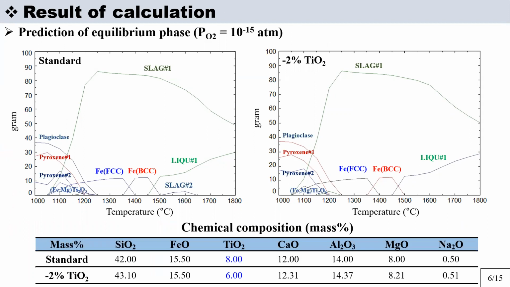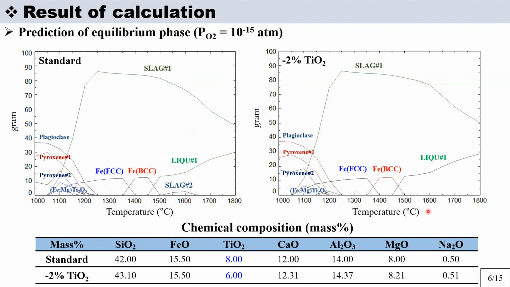These two figures show the result of calculation. The left side is for the standard composition and the right side is for minus 2% of TiO2, which means that the TiO2 content is 2% less than the standard composition. For the standard composition, there are three phases at 1600 Celsius degrees: slag 1, slag 2, and a liquid phase.